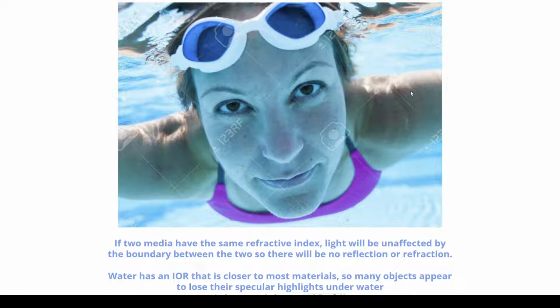Water, for instance, has an index of refraction of about 1.3, and most materials have an index of refraction that's kind of close. So many objects appear to lose their specular highlights underwater because light isn't bouncing off as it travels from water into the surface. This cornea is probably going to have an index of refraction like 1.35 or 1.4, and that's so close to the index of refraction of water that we're not going to notice any specular reflections.